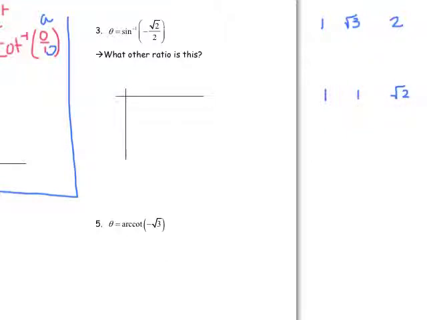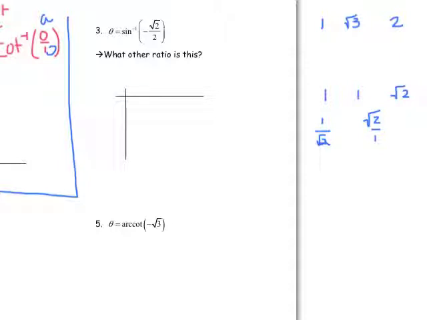So if you think about what kind of 45, 45, 90 ratios you could have, let's say, this guy over this guy, you could have a ratio 1 over root 2, or you could have root 2 over 1. My point is that if you just really try to put these over a ratio, you're not going to see root 2 over 2.